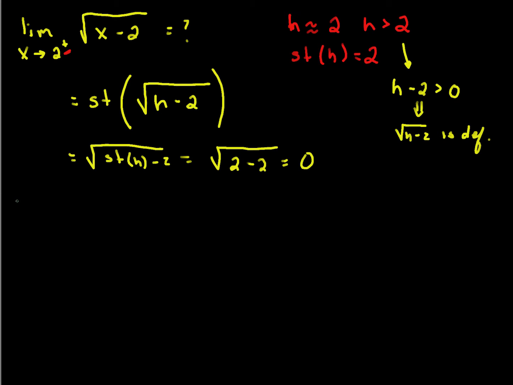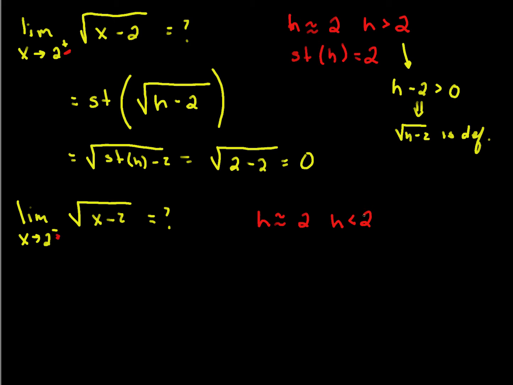However, if I compute the limit as x approaches 2 from the left of the square root of x minus 2, well, now we want h to be infinitely close to 2, and h is strictly less than 2 because this is the left-hand limit, so we're to the left of 2.